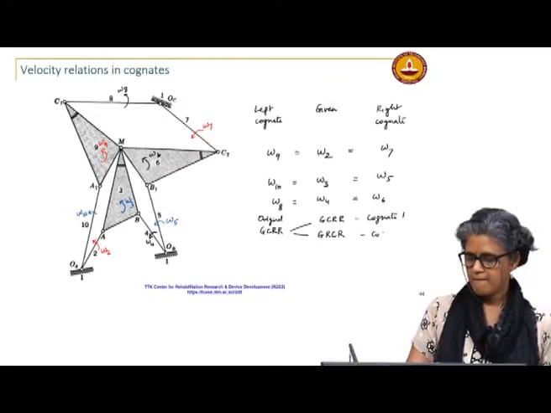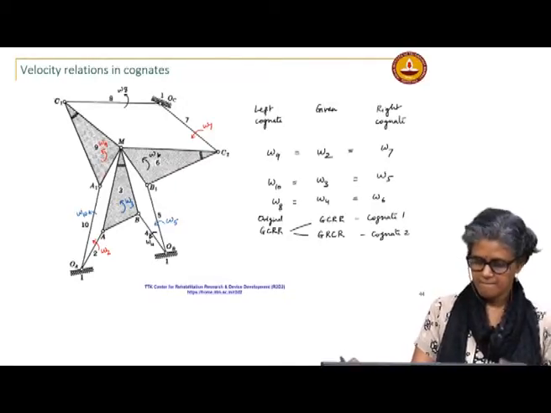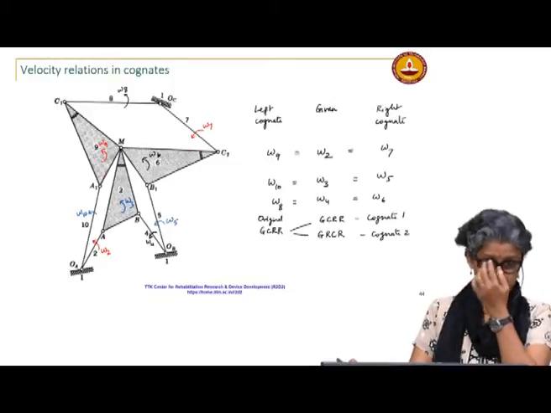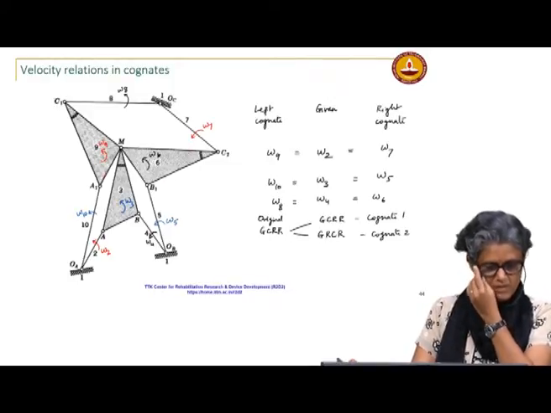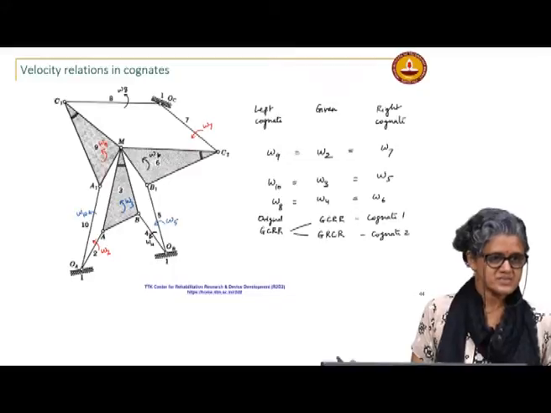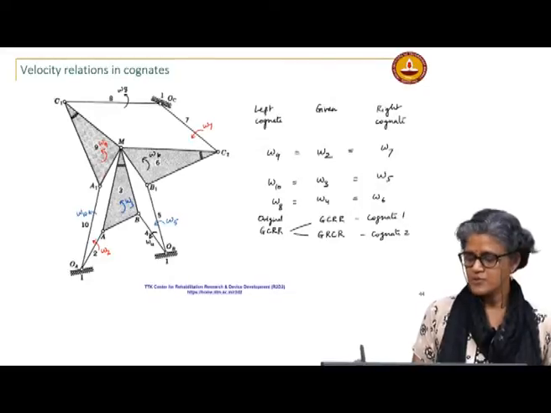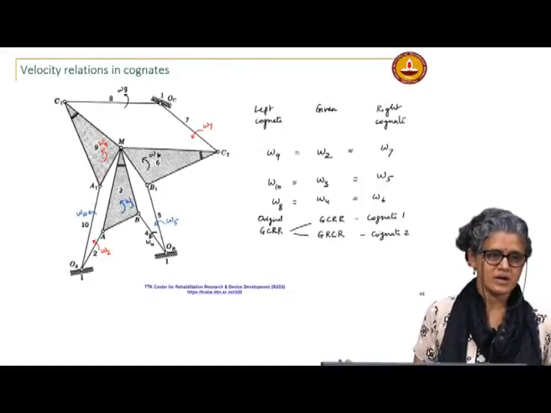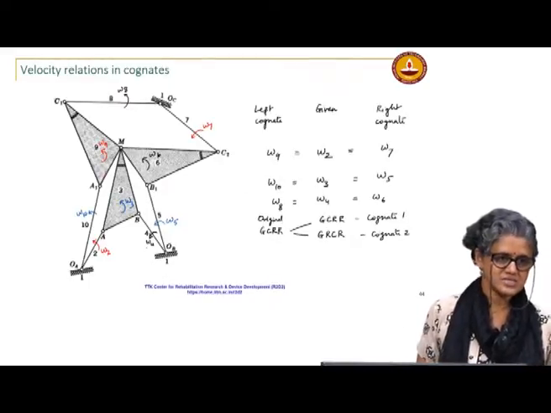Can you predict whether the left one or the right one is the double rocker? Once you do the construction, yes. Without finding the link lengths, you only know how you designate it, and it will depend on these velocity relationships.